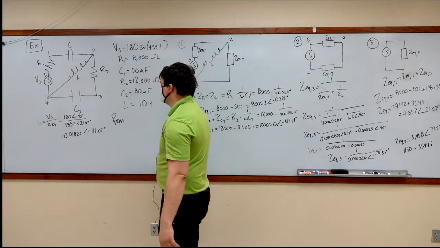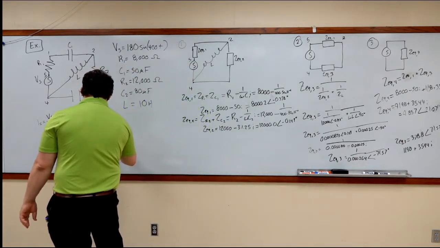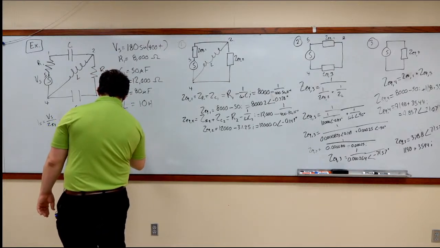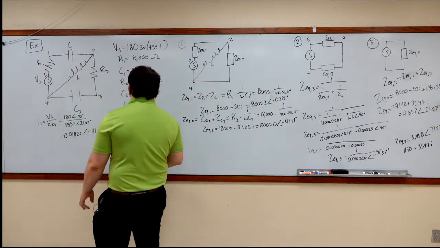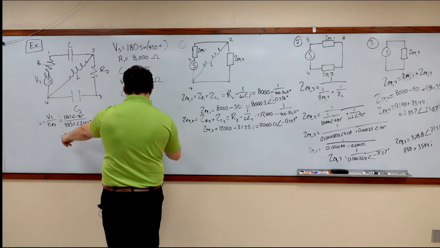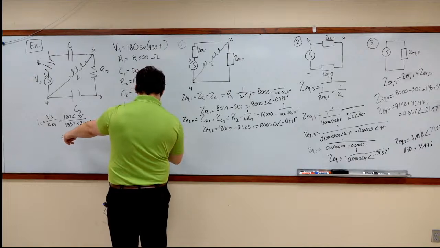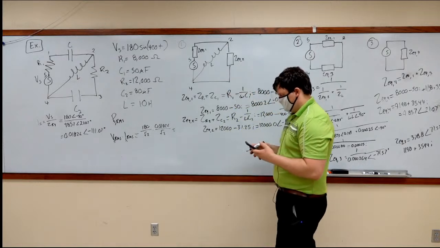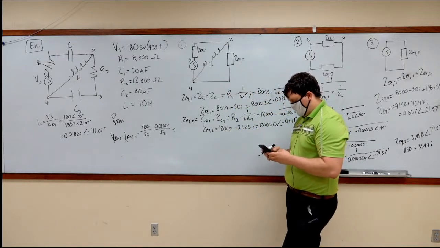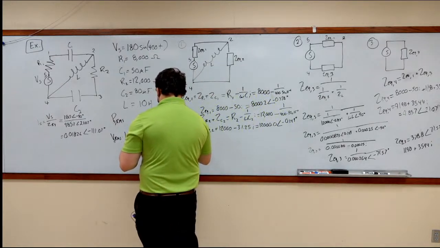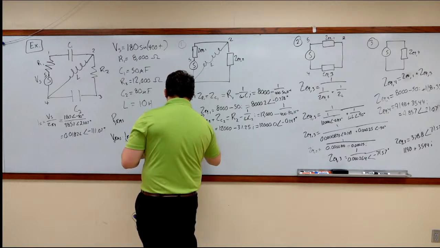To calculate P RMS of the source, we're just going to multiply V RMS of the source times I RMS of the source, which is equal to 180 divided by the square root of 2 times 0.01826 divided by the square root of 2, which is equal to 1.6435 watts.